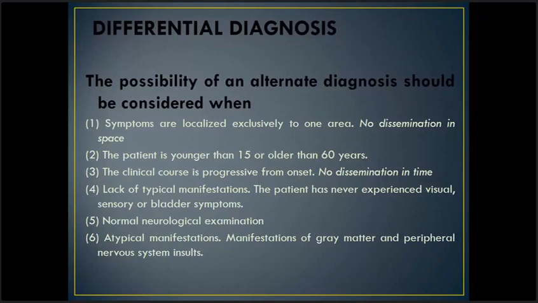If the patient is younger than 15 years old or older than 60, we should look for differential diagnosis. If the clinical course is progressive, so no dissemination in time.